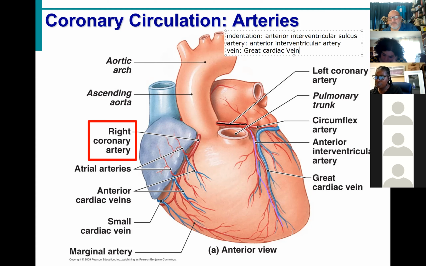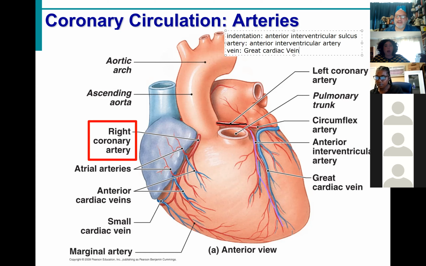So why did they call it that? They just explained it to you. Anatomists hate you. They're horrible, horrible people. I honestly can't think of a better reason. You call it the anterior interventricular sulcus, you call it the anterior interventricular artery.